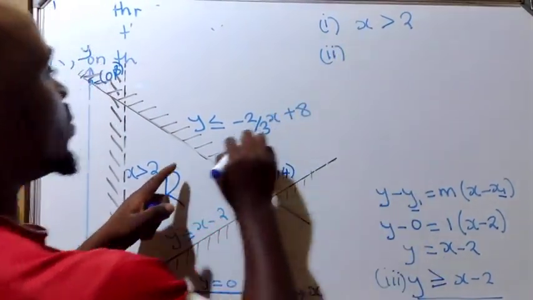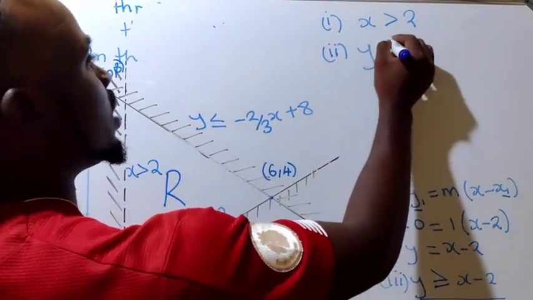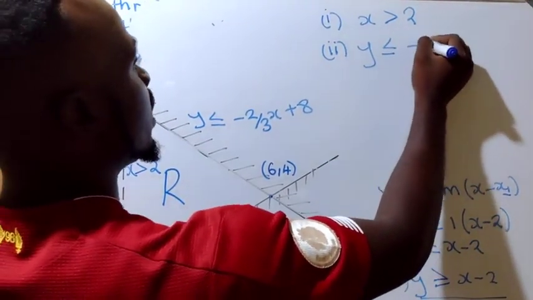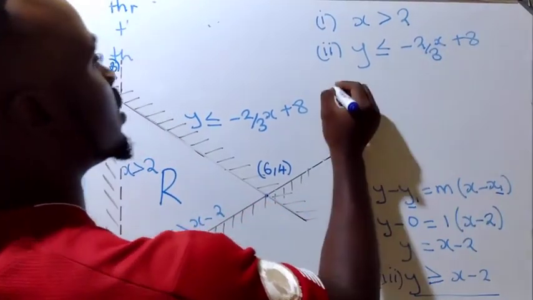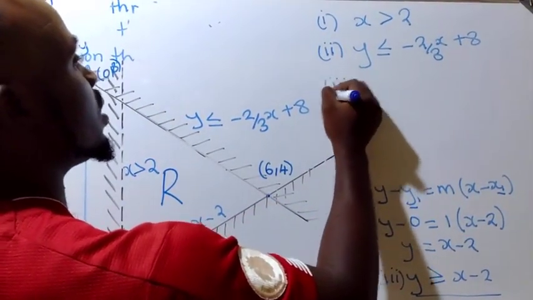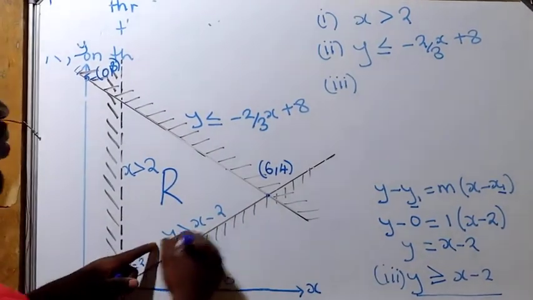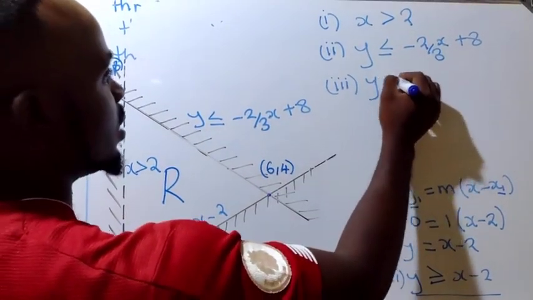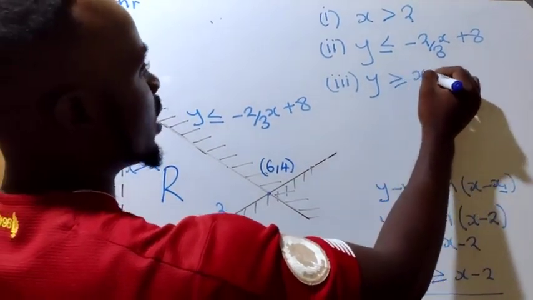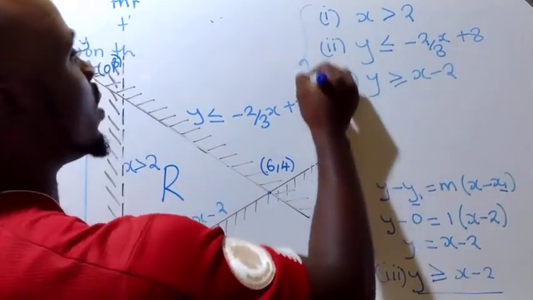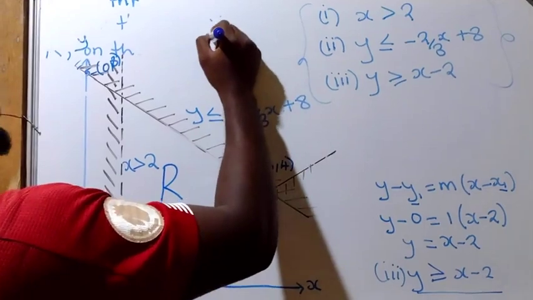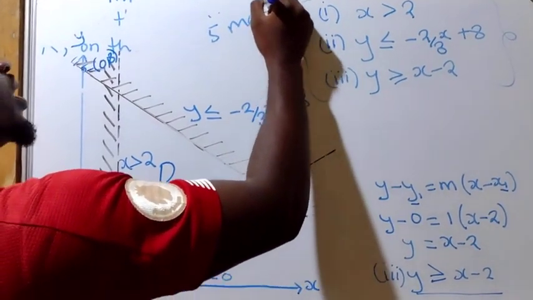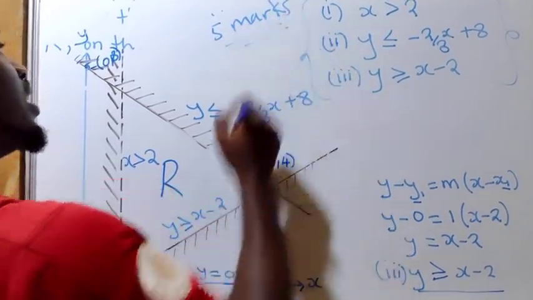Our second one, we said y less or equal to negative 2/3 x plus 8. Our third one, we have this one, y greater or equal to x minus 2. These are our inequalities, and you get 5 marks, because this question they will give you 5 marks in an exam.